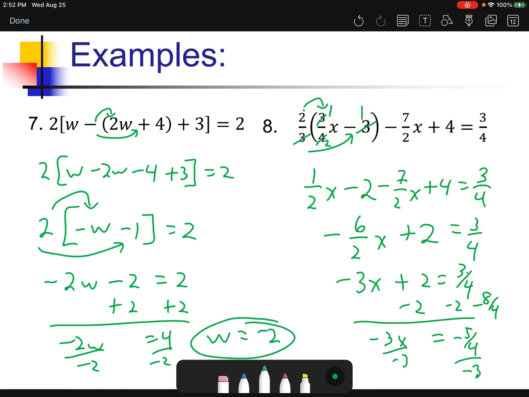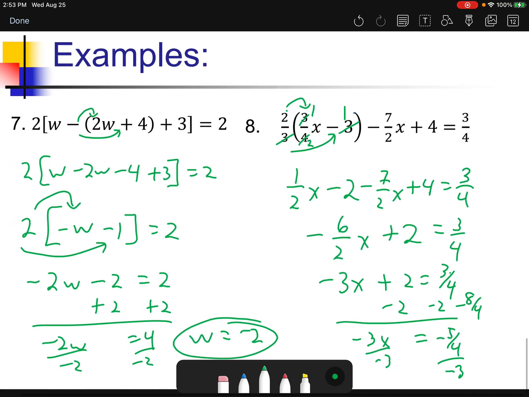We're going to divide by negative 3. Negative divided by negative is positive, so we can go ahead and just get rid of the negative sign. And then 5/4 divided by 3 is 5/4 times 1/3. Remember, multiply by the reciprocal.